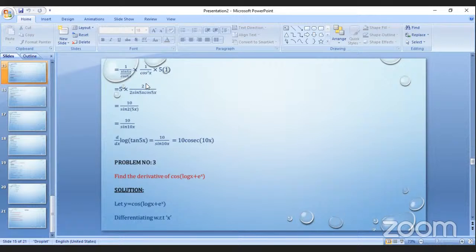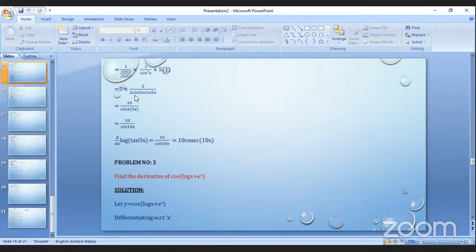Next, multiply and divide with 2: 5 into 2 by 2 sin 5x into cos 5x, which equals 10 by 2 sin 5x cos 5x. We know the sin 2 theta formula: 2 sin theta cos theta.